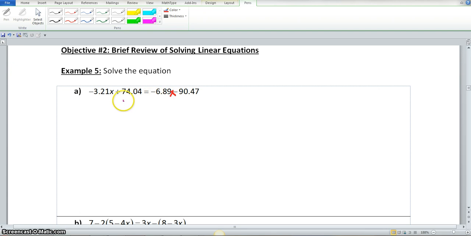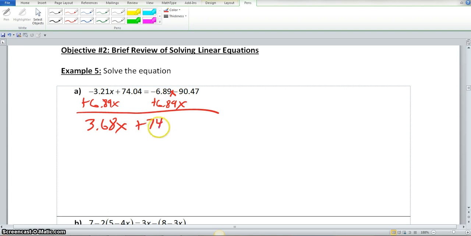Okay, now we want to get x on one side by itself. So why don't we move this -6.89x by adding it to both sides? We can add 6.89x. So what we would be left with is 3.68x plus 74.04 is equal to -90.47. Now we would have to subtract 74.04 on both sides.